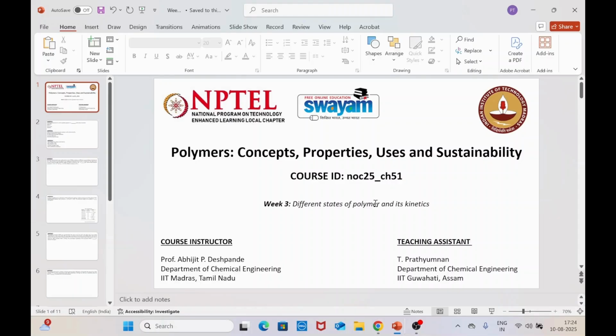But because of the kinetics and rate of crystallization, and the entanglements already present in the polymer chains, folded chain crystals are more common. So two types: extended chain crystal and folded chain crystal. The most common of the two is the folded chain crystal.